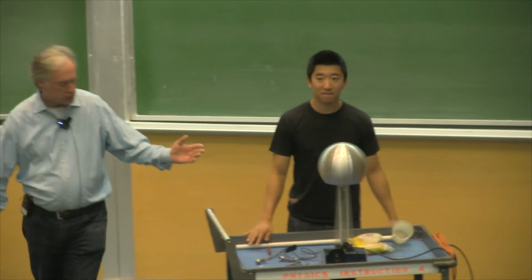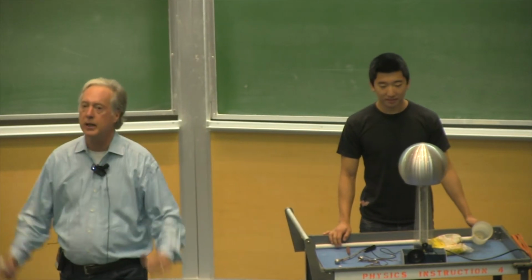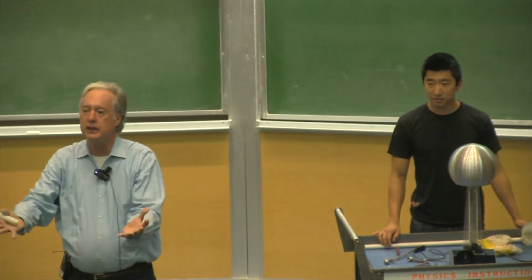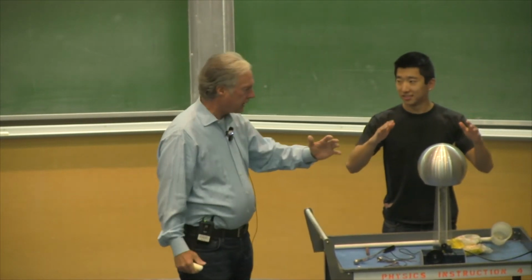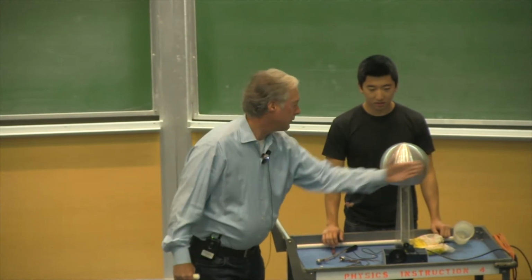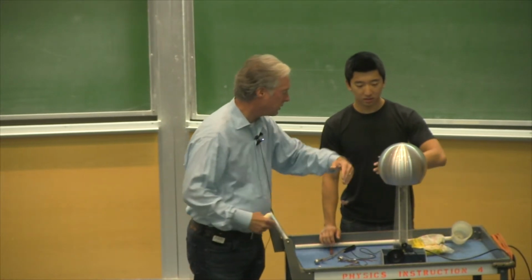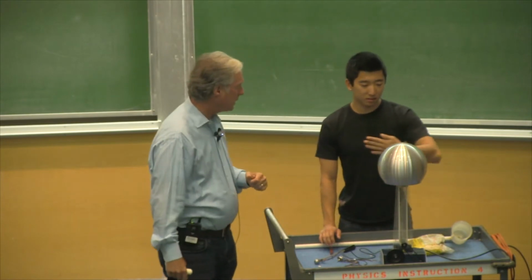Okay, so Brent is going to kind of guide you into what he feels for the electric field strength around this sphere. I want you to look at it with the idea of going around with the back of your hand and feeling, all right?